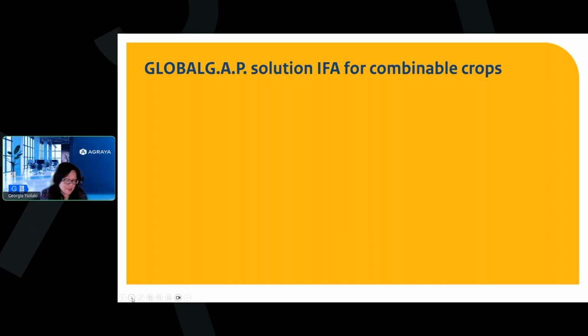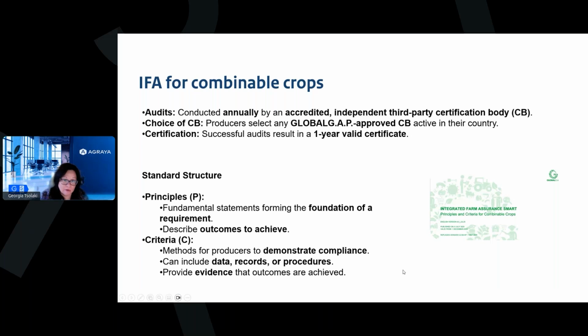GLOBAL.A.P certification of production processes for combinable crops nowadays covers more than 190,000 hectares annually. Can you please proceed to explain better what IFA combinable crops covers? IFA combinable crops require annual audits on the farms by certification bodies.